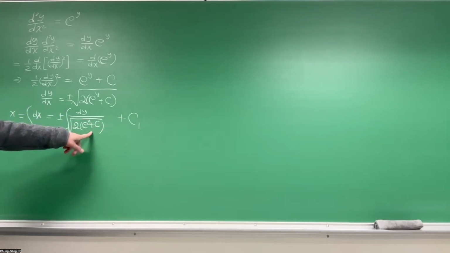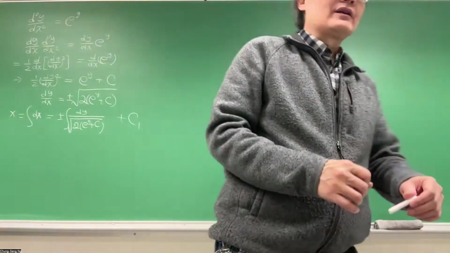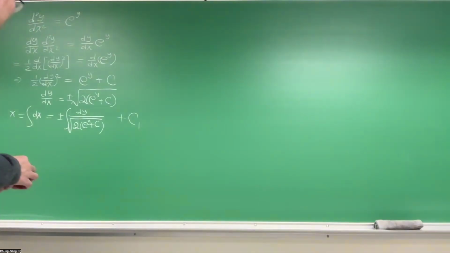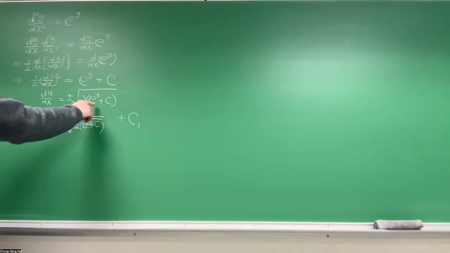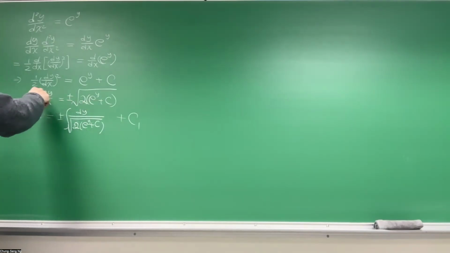Now you have two constants, your c and c sub 1, and you need the initial condition. There's a possibility that the quantity under the square root may even be negative, so you need to be a little careful about that.